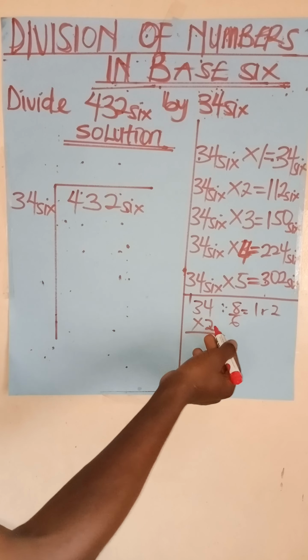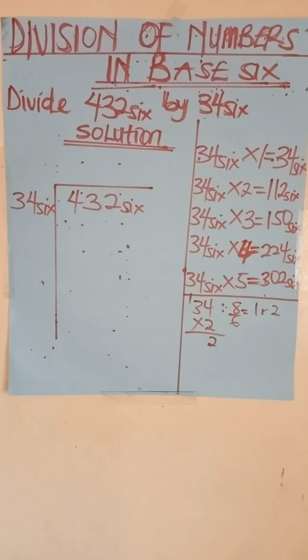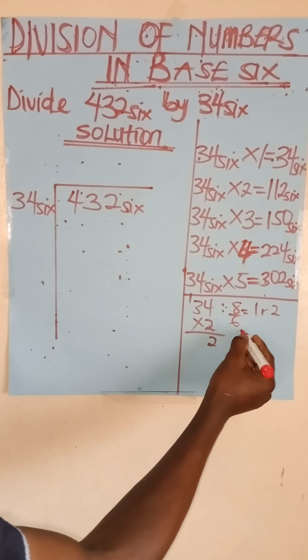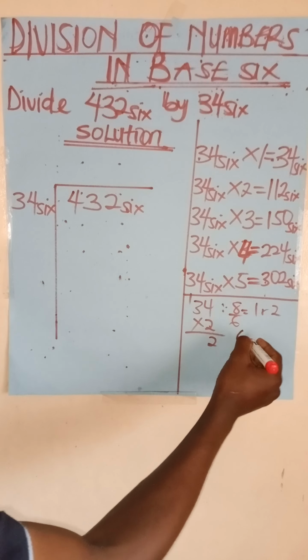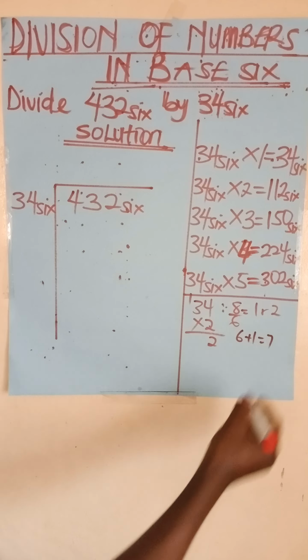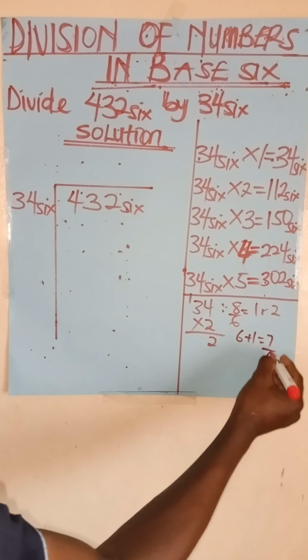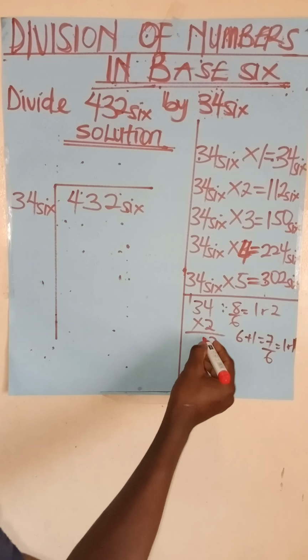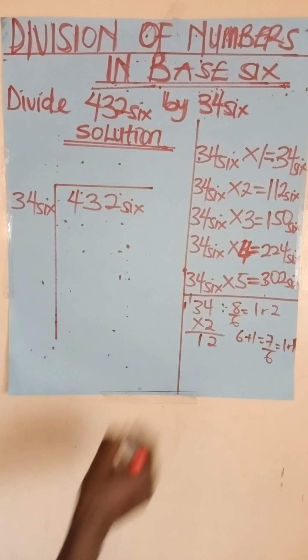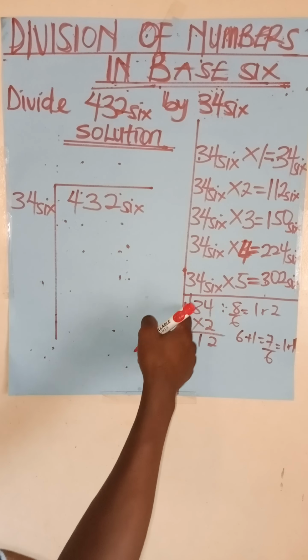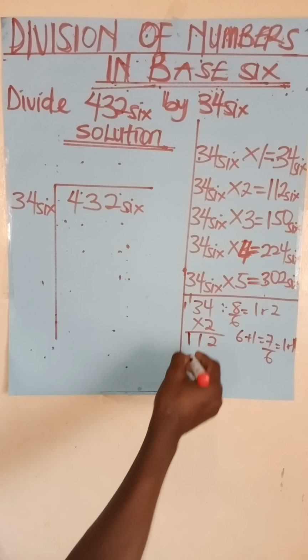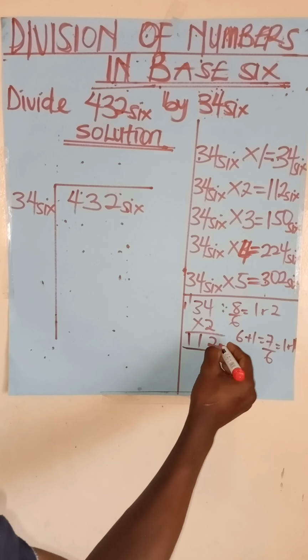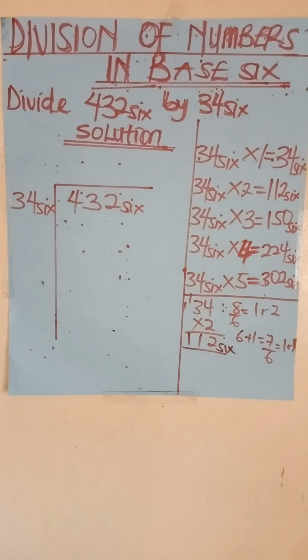Then 3 times 2, that is what? 6. So 6 plus this one, and that is what? 7. So 7 divided by the base, and that is 1 remainder 1. I'll write my remainder here, then put the 1 here. So far there is nothing I'm multiplying with, so I can now put my 1 here. So that is 112 base 6.